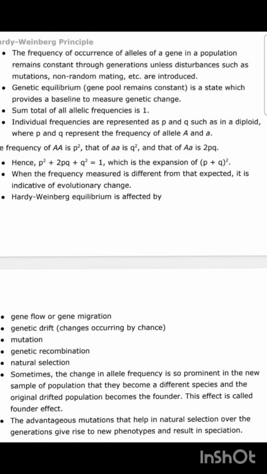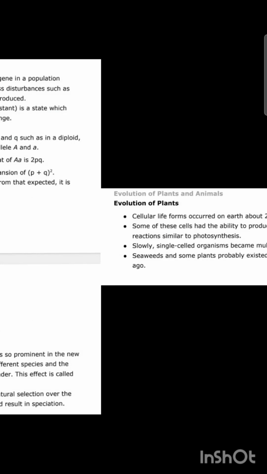Sometimes the change in allele frequency is so prominent in the new sample of population that they become a different species, and the original drifted population becomes the founder. It is called the founder effect. The advantageous mutation that helps in natural selection over the generations gives rise to a new phenotype and results in speciation.